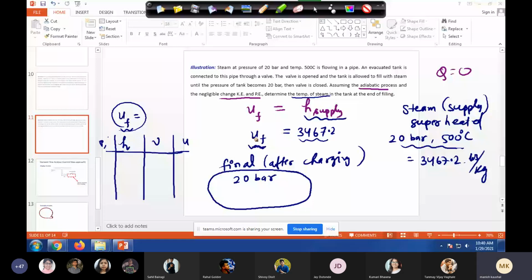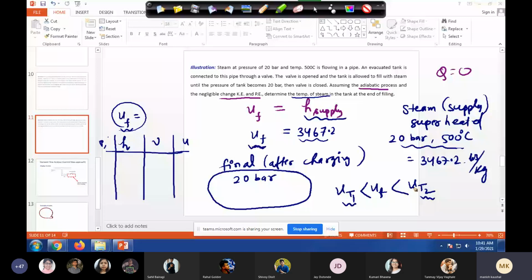So let's say if you found out after the analysis that your UF lies between, let's say, U at T1 and U at T2. So you found out from the table that the value of UF lies between U of T1 and U of T2. Then how will you interpolate? So you know it, right?